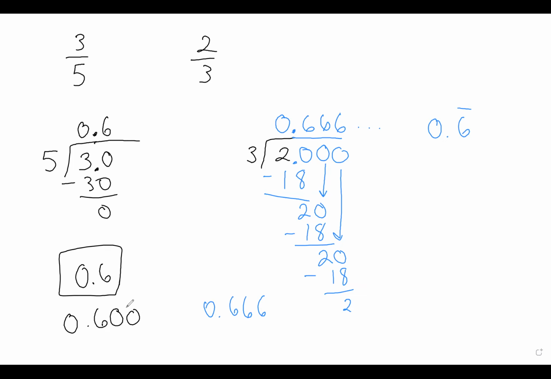So actually, the way to say it the other way is 0.600 is less than 0.666. So 3/5 is actually less than 2/3. Okay, so what we just showed here is changing fractions to decimals in order to compare them.